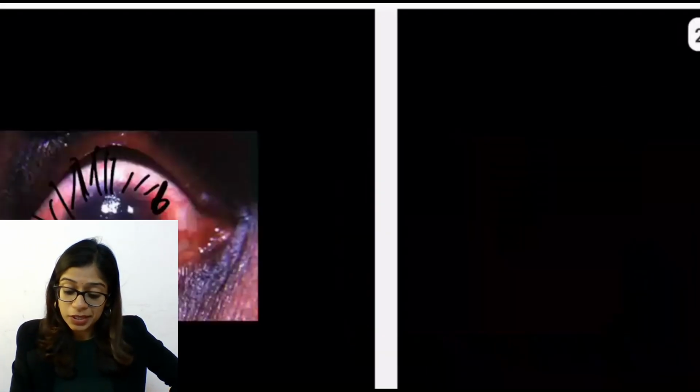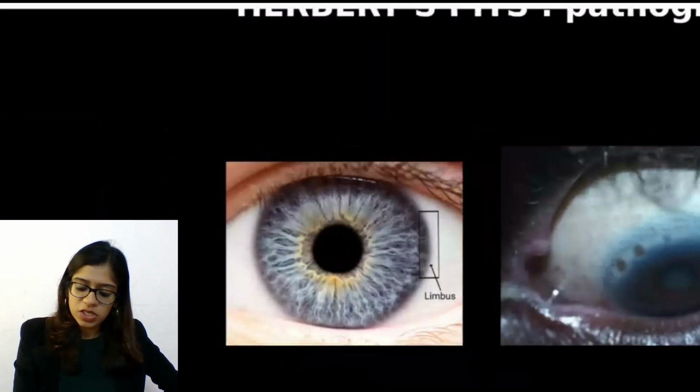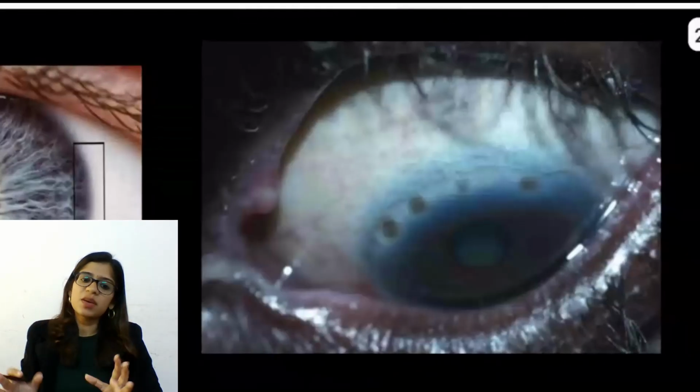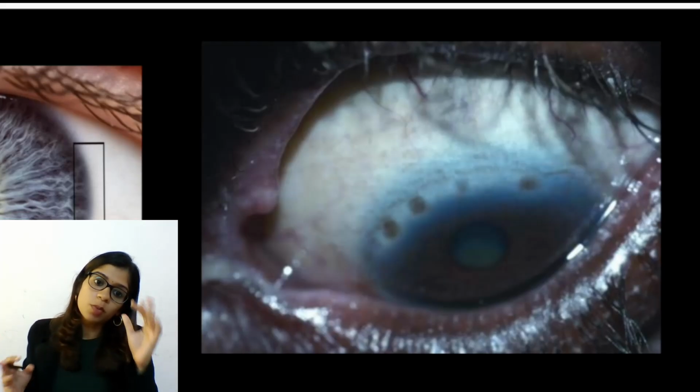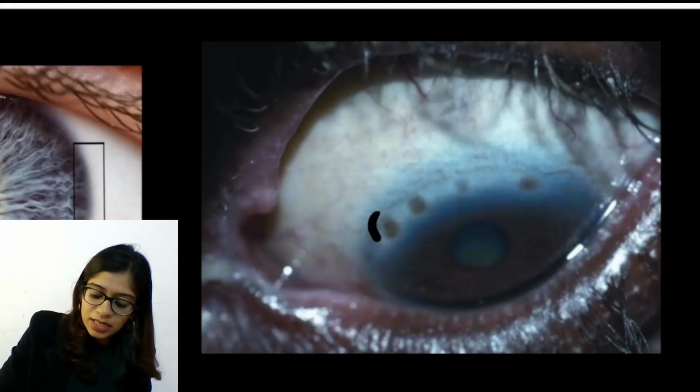Fine. Next, Herbert's pits. This is very, very important. If they want to ask you a question on trachoma, most probably they'll ask this. You can see these marks here.